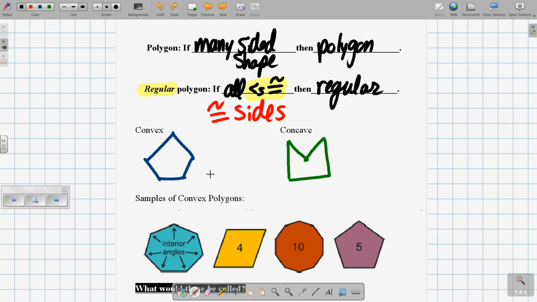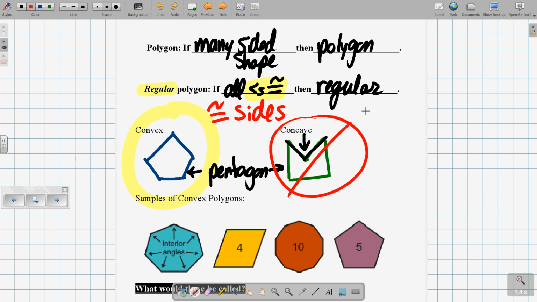These are both pentagons. But the one on the left is convex. The one on the right is concave. Concave, you can think of it as a side is caved in. The equations you're going to learn about 5 minutes from now only work for convex polygons. They will not be useful for concave.